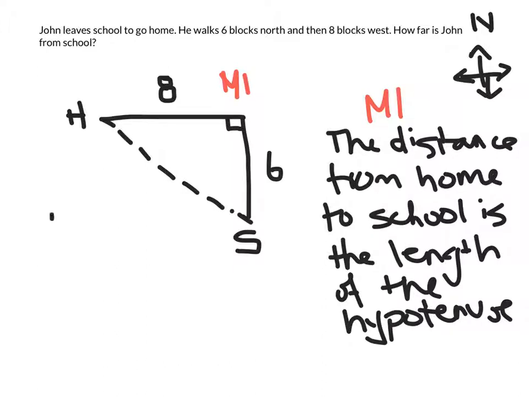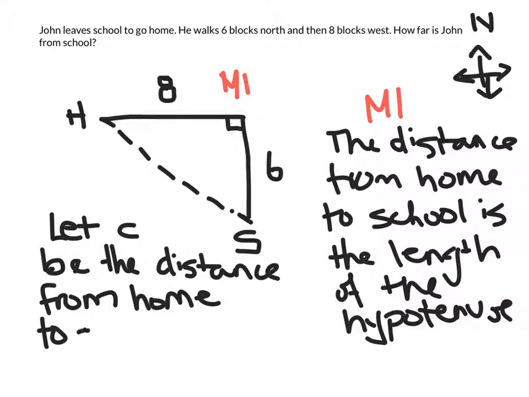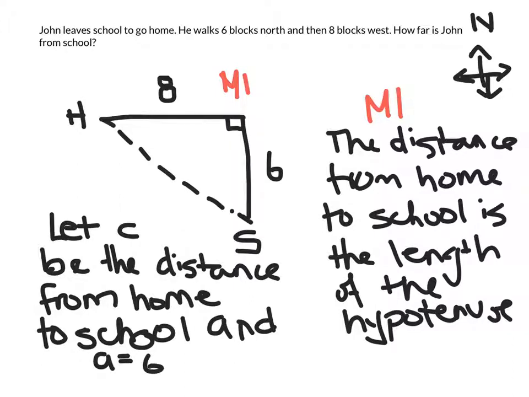So then if we say, let's see, the distance from home to school equals c, A equals the 6 blocks, and B equals the 8 blocks.